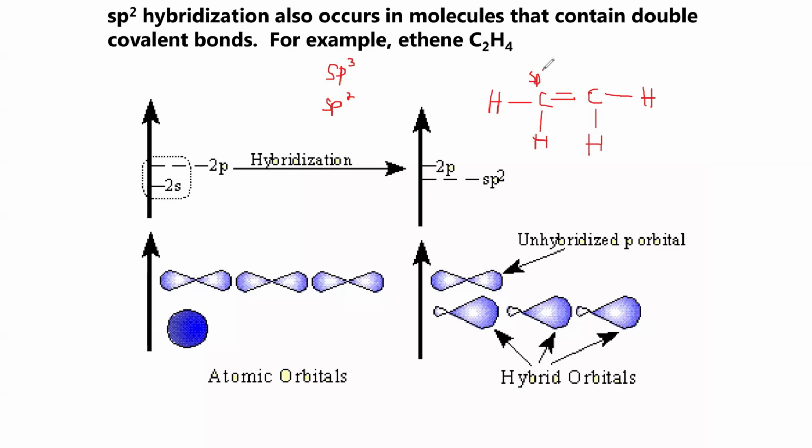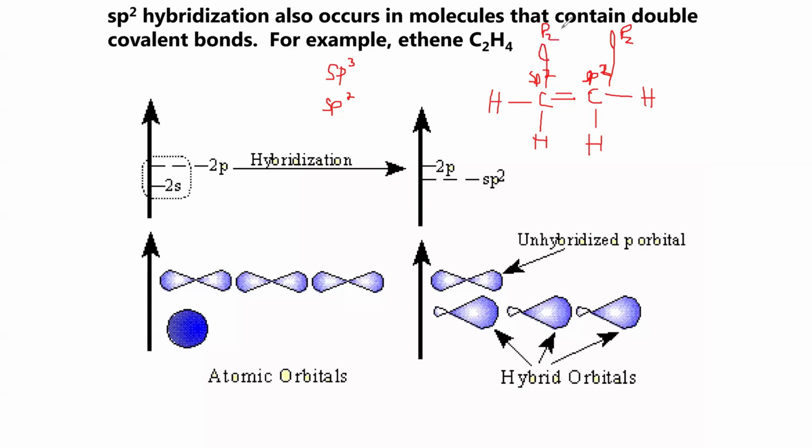This carbon alone is sp2 hybridized, and this one is also sp2 hybridized. So each of these carbons remains as sp2 hybridized. There is one pz, which is the last one, that remains unhybridized here, and another pz here remains unhybridized.